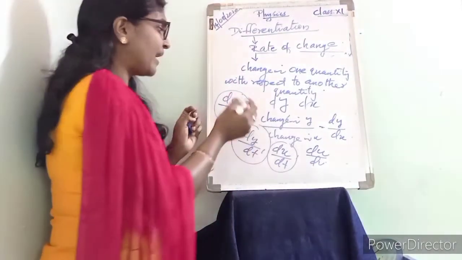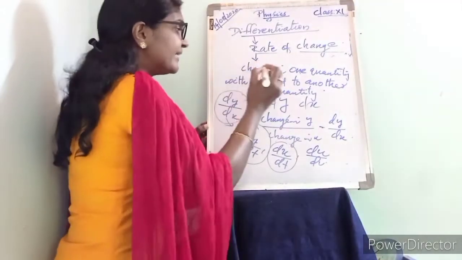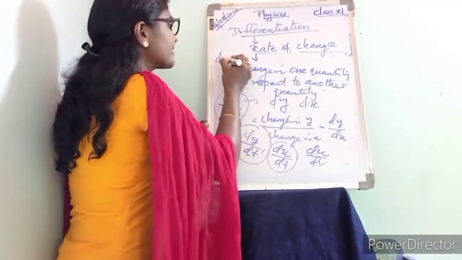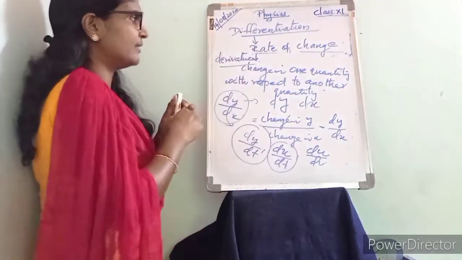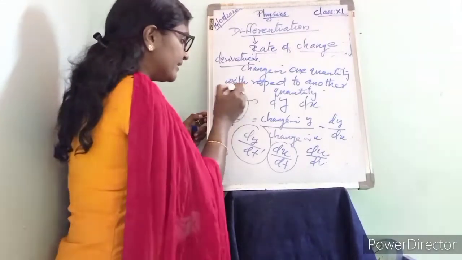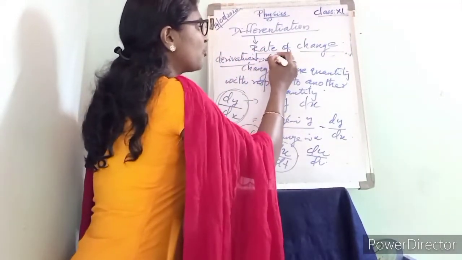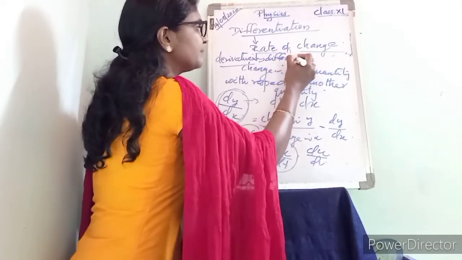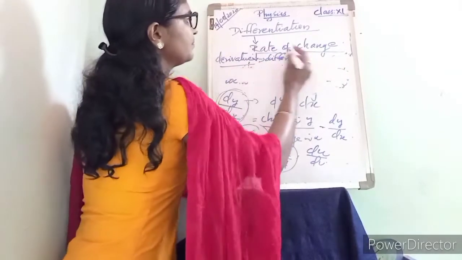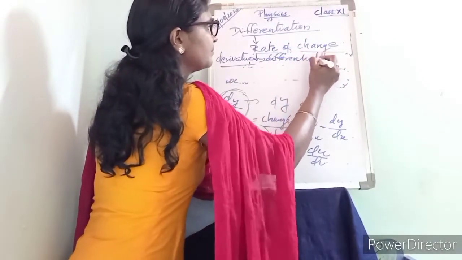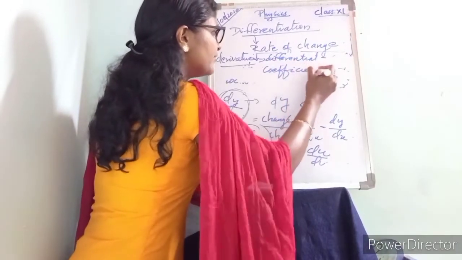Okay, and this ratio dy by dx is called derivative. The ratio dy by dx is called derivative or differential coefficient.